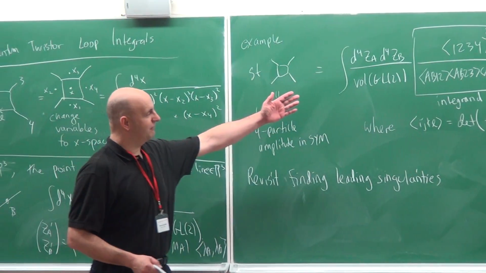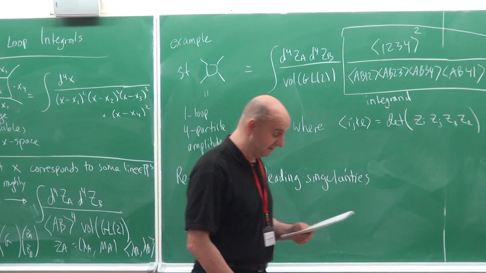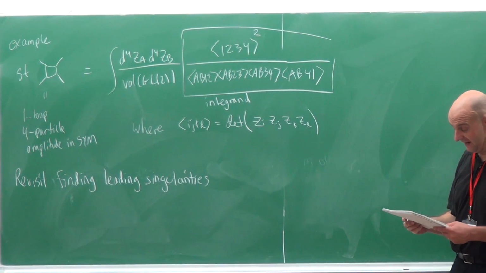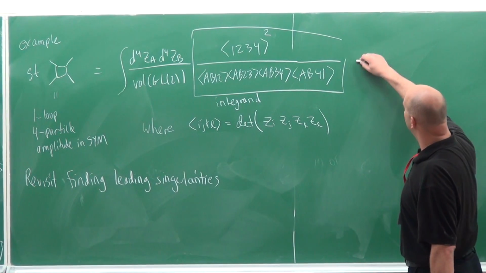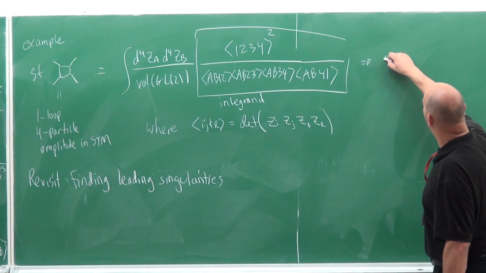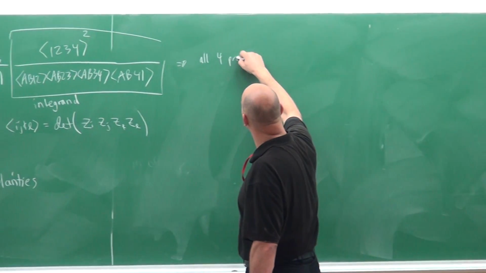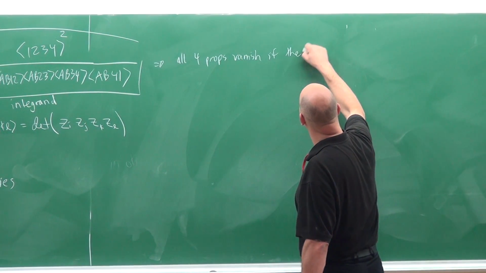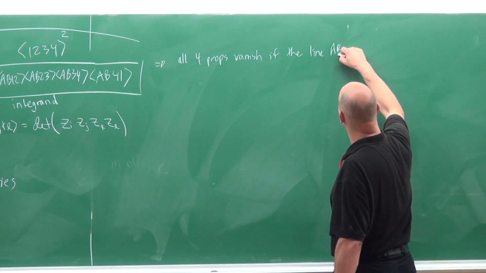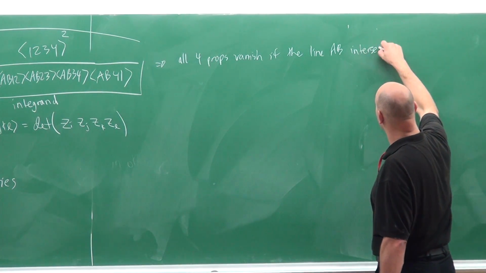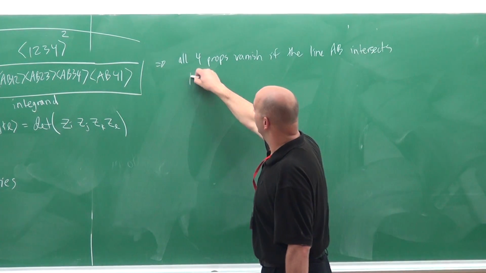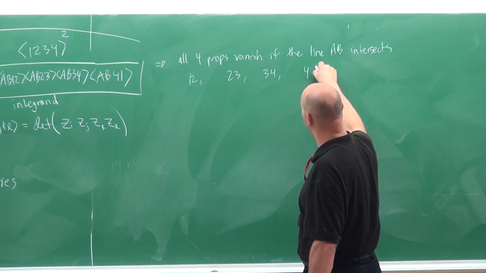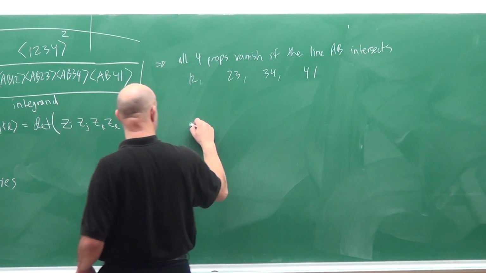But here, in these variables, it's actually quite easy to see. If we want all four of these propagators to simultaneously vanish, what that's telling us is that the line AB intersects four other lines: the lines 1 2, 2 3, 3 4, and 4 1.